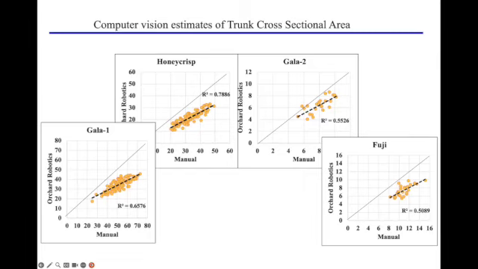So with the manual system, where we would say measure 50 square centimeters here on Gala 1, the computer vision was measuring 35. And the slopes were not exactly parallel. This would require either better ways to measure trunk diameter or a correction factor.